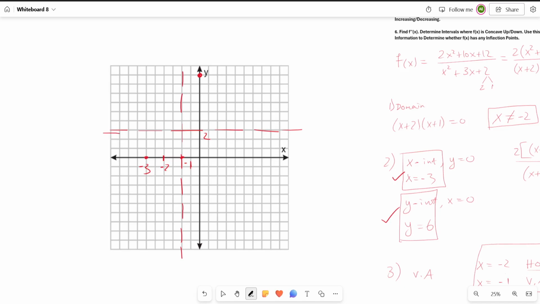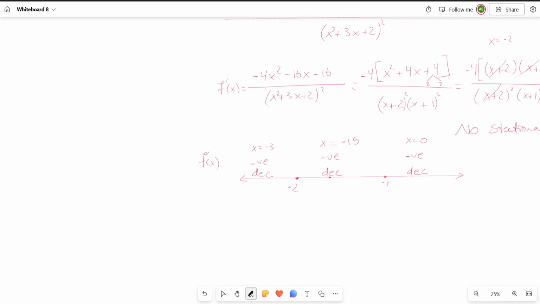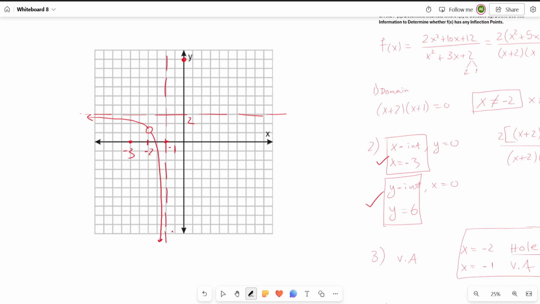So my function is going to look something like this, and I know that there is a hole over here, so I need to take care of it and then continue my function over here. Okay, so this is my function on this side, and on the other side it's always decreasing as well. So to the right, in this area, I have two options. Either it's going to be drawn like this or like that.